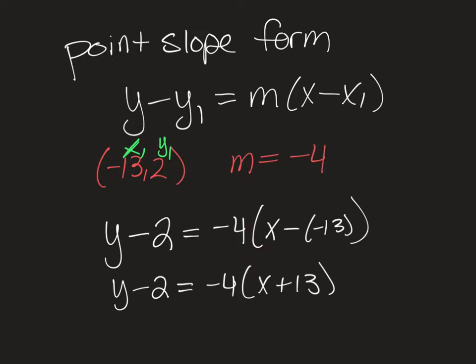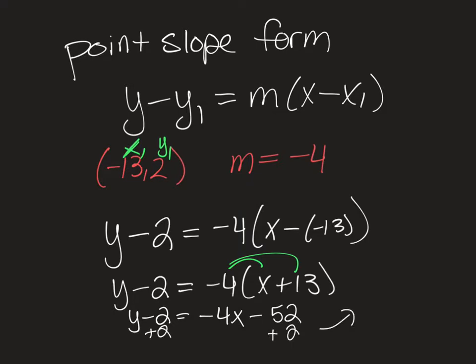All right, so then we distribute the 4. So we have y minus 2 equals negative 4x plus 52. So it's going to be a minus 52 actually. And then we add 2.